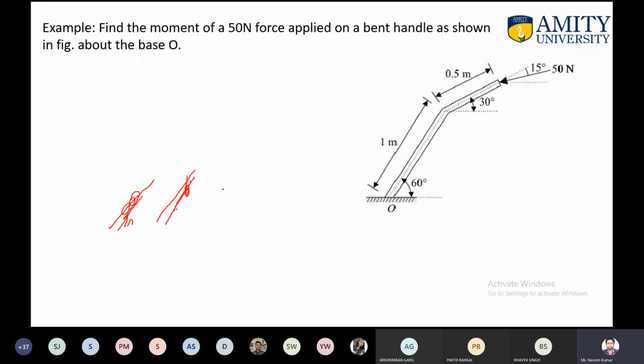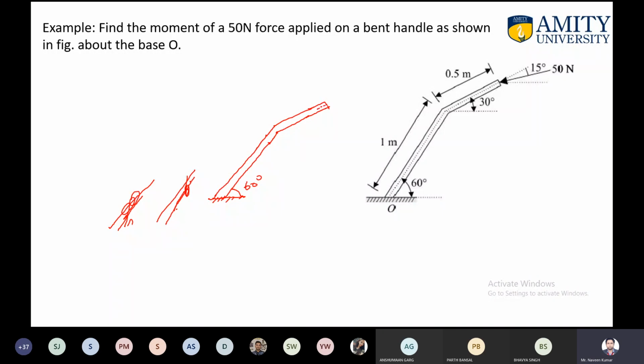At this point, you can see this is the center part of this bent handle.